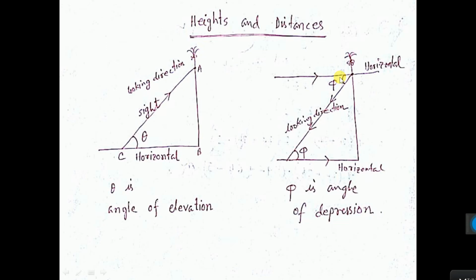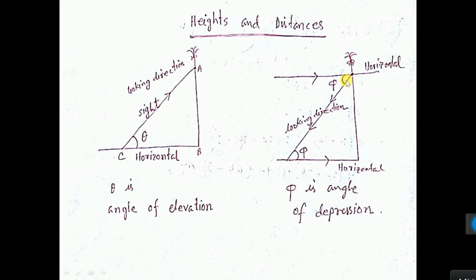If anyone looks towards the bottom of any place, not the above direction, lower than that position, let's say this person is looking towards this, so down to any point from that person, this angle is called angle of depression.